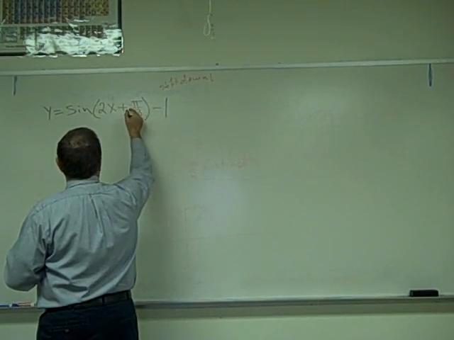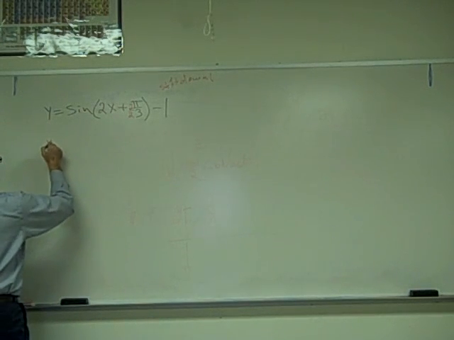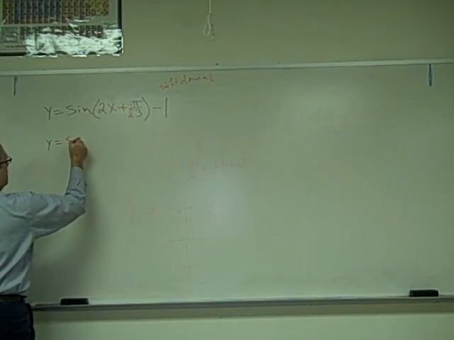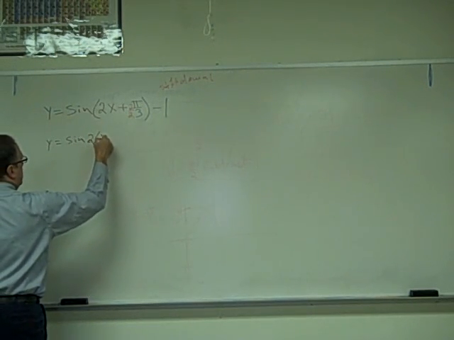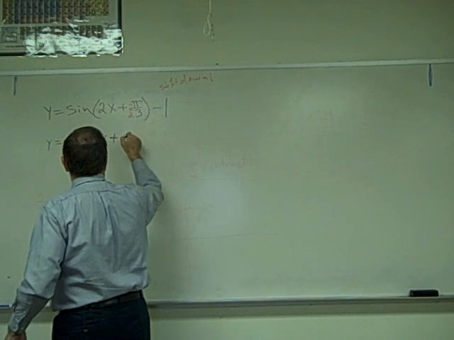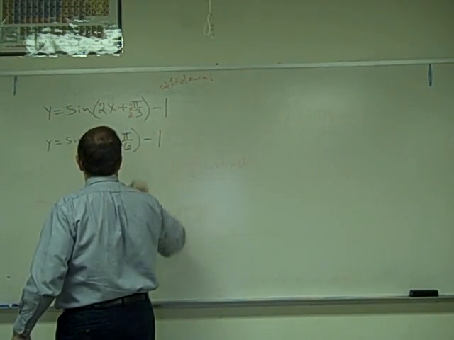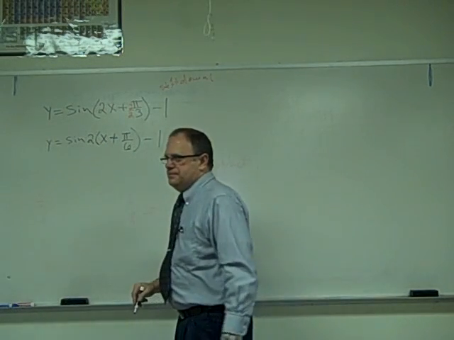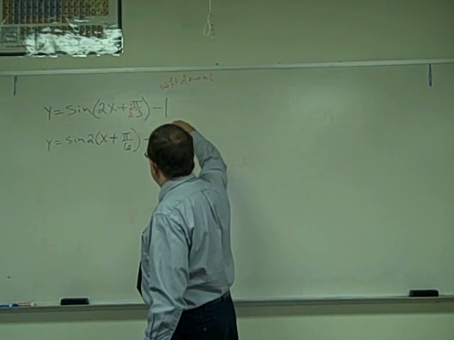We've got to multiply 2 over 2 here. Okay, so we've got y equals sine. Now we can factor the 2 out, and that leaves us with x plus pi over 6, minus 1. Okay? So we have, it shifts down 1.